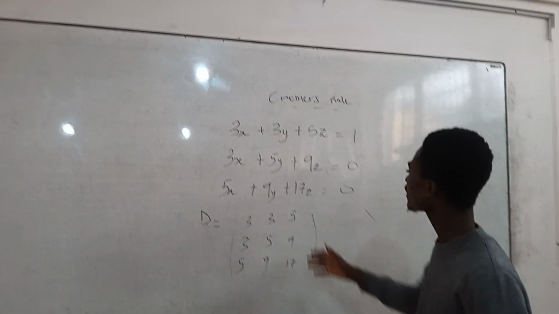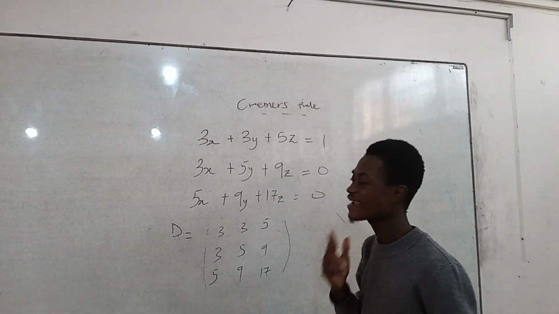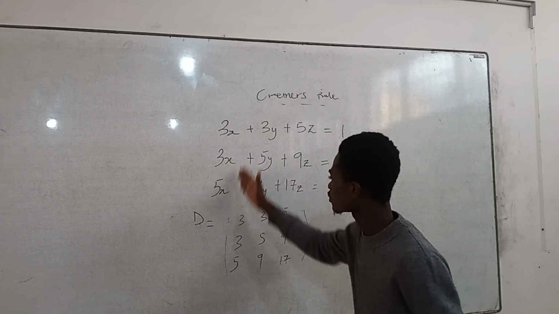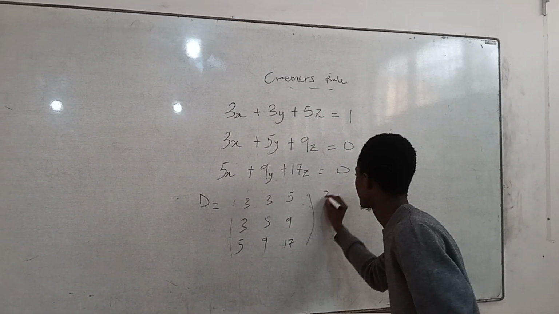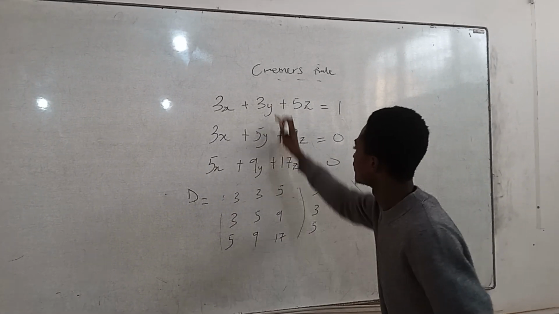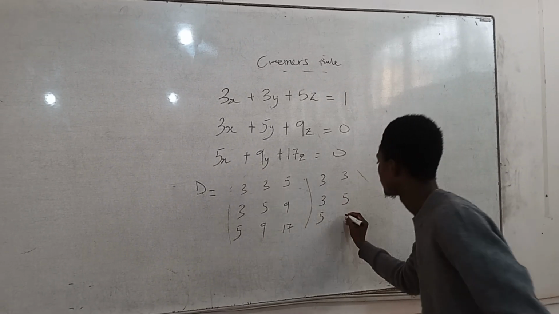So after you have done this, then you come back to take the x and y of this main matrix. That is this column again. So you are getting 3, 3, 5, then 3, 5, 9.